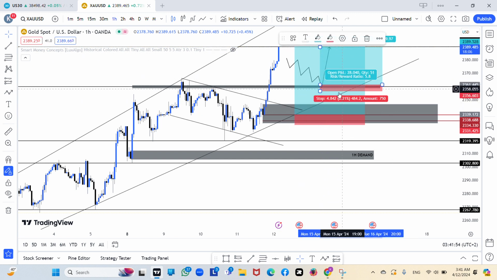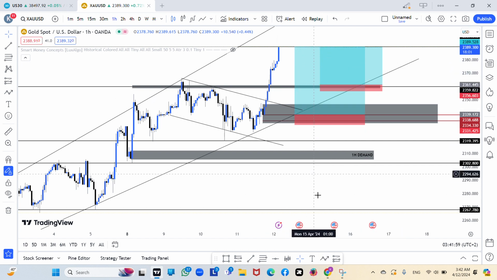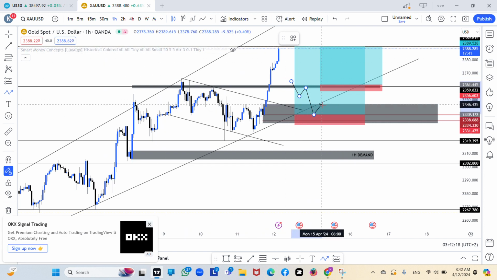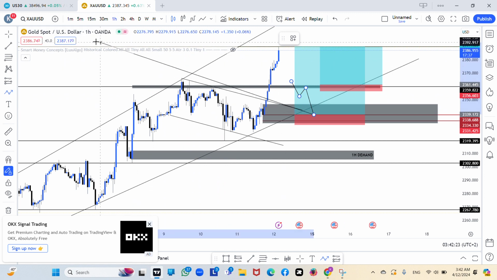But if prices broke below there, then I'm going to wait until prices get deeply on that 1-hour demand, I will enter right there my first entry, but I will not go all in, and then I will wait for, let's say, change of character in the 1-minute time frame, like wait for confirmations in the 5-minute time frame. Then that's when I will enter my buys.